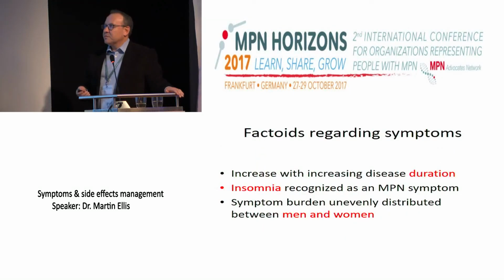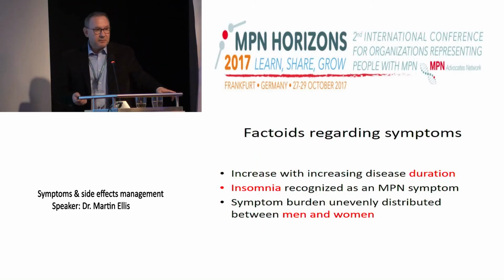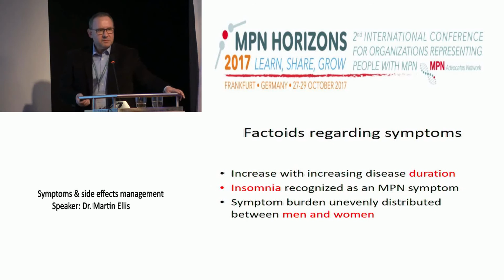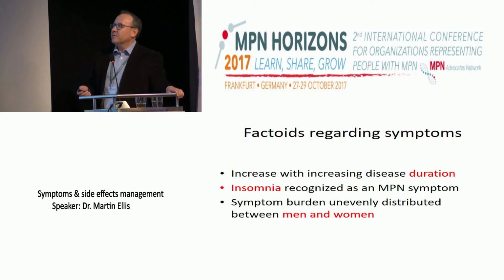Some new facts that have also been mentioned earlier, some of them came out of the landmark study. I think it's important to realize as well that unfortunately things tend to get worse the longer the disease is present. So symptoms tend to trend or correlate with the duration of disease.